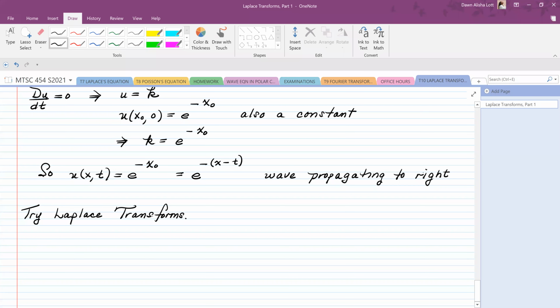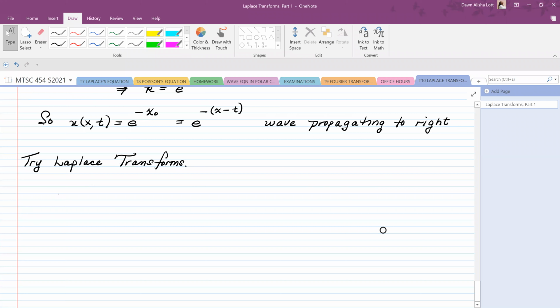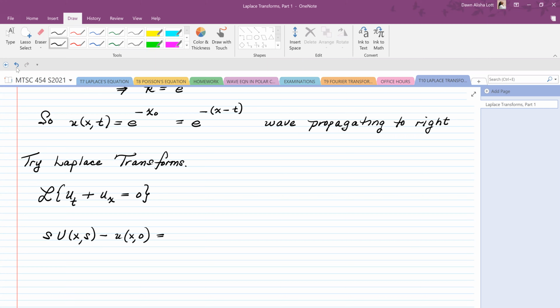Okay, so we're going to take the Laplace transform of the PDE. When I do that, I'm going to get s, capital U of x and s, minus little u of x and 0, plus the Laplace transform of u sub x, which is U sub x of x and s, and that equals 0.